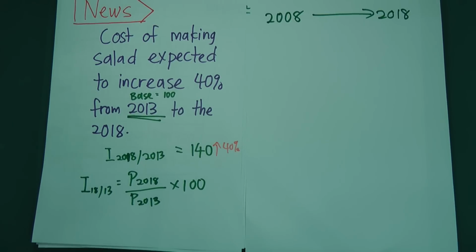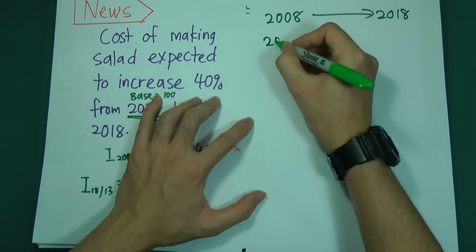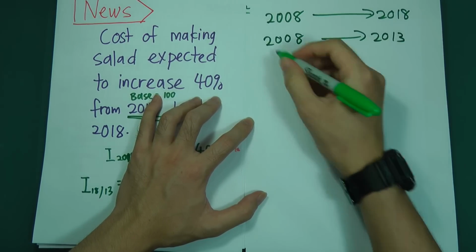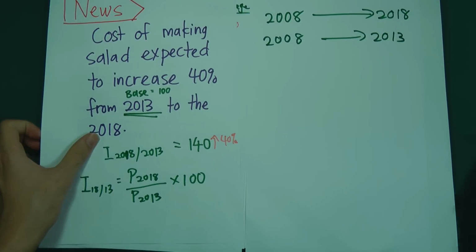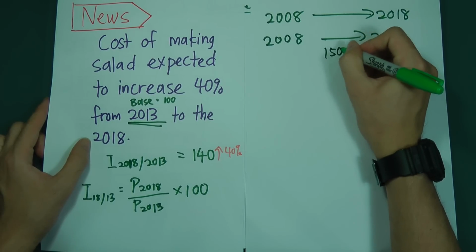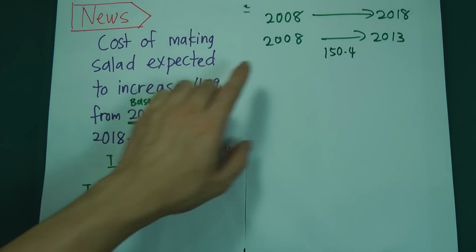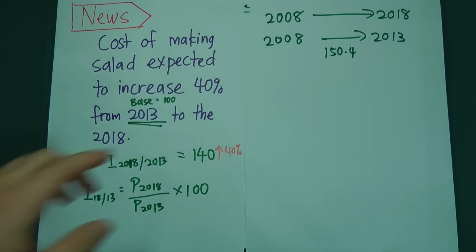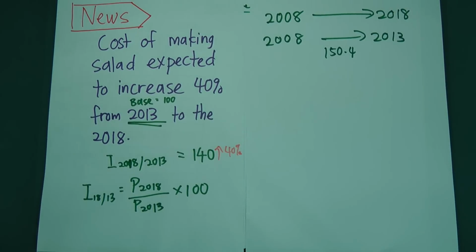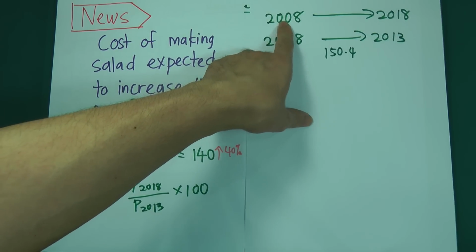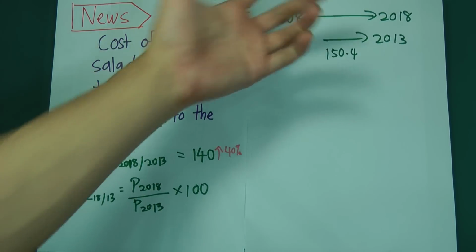Because just now we got from 2008 to 2013, the index number we got is 150.4. Means actually the composite index from 2008 to 2013 actually increased 40.4% only. But now you want to know from 2008 to 2018 how much they increased.